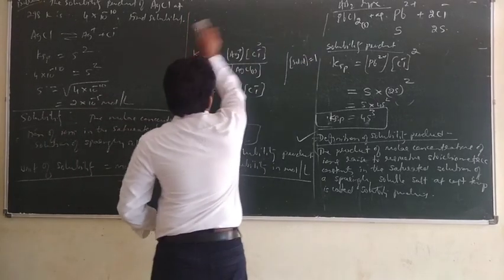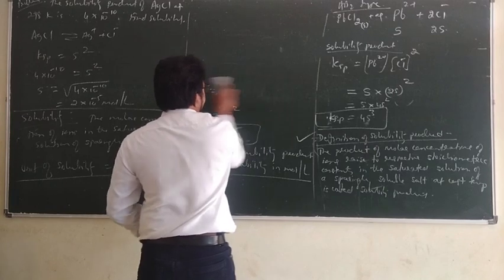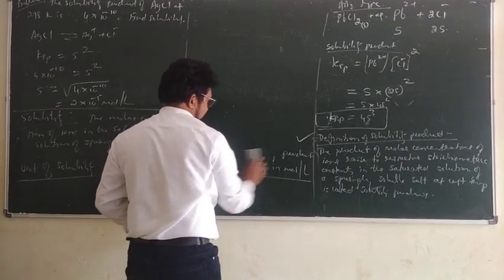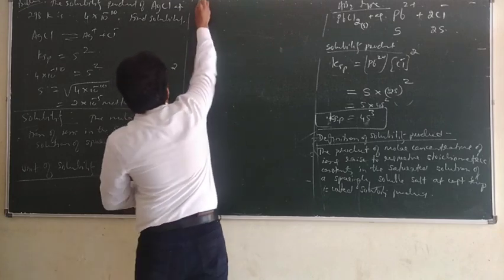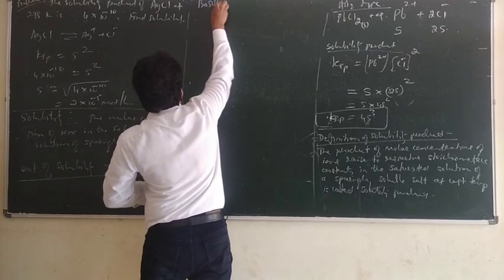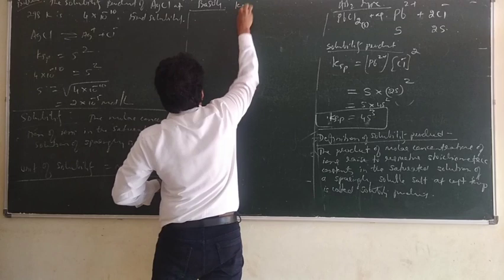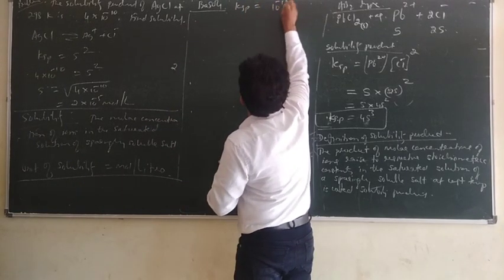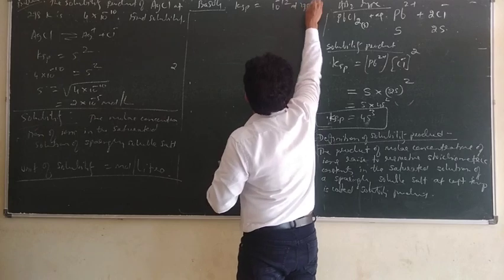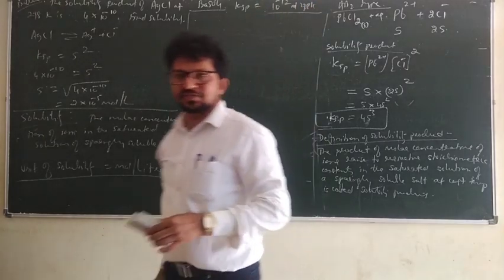Suppose, what is solubility product? I will make it very clear. BaSO4, barium sulfate, KSP value is roughly in the 10 raised to minus 12 range.